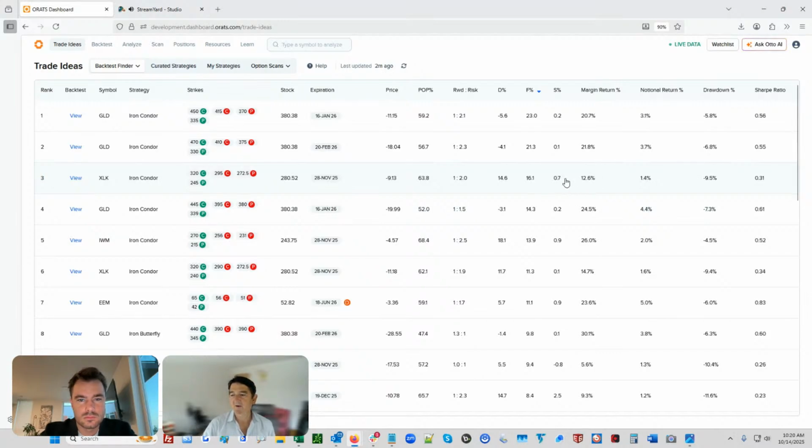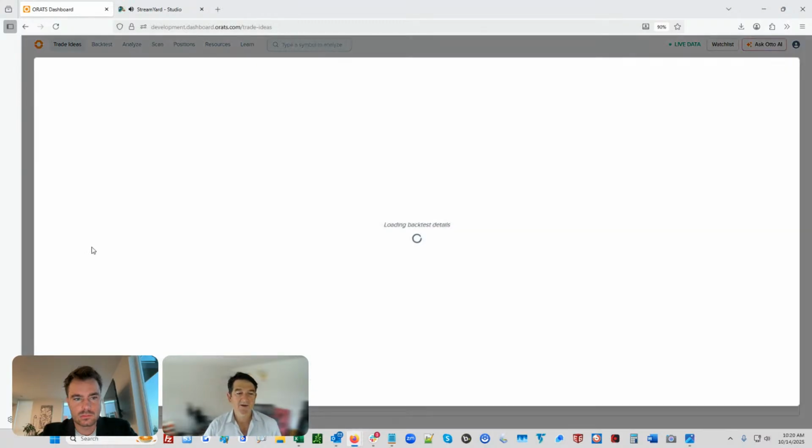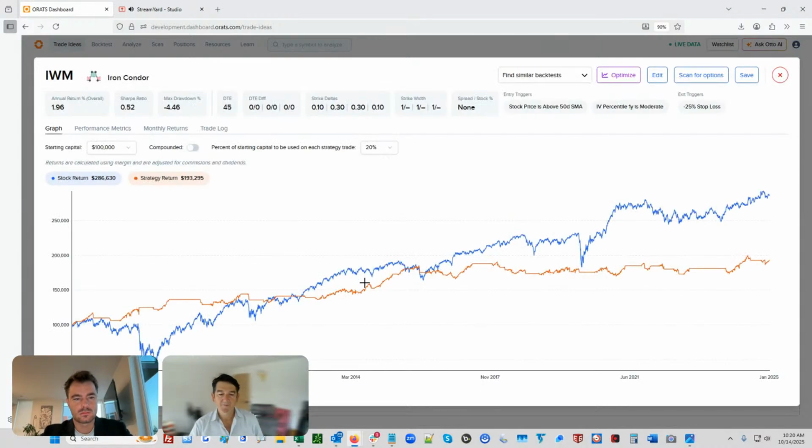What I'm not crazy about is the small margin return. So I might look on, and then maybe look down here to IWM and see a larger return, a larger margin return. Not too much. So this is something that I'd be interested in. Then I would look at the graph, look at the rules.